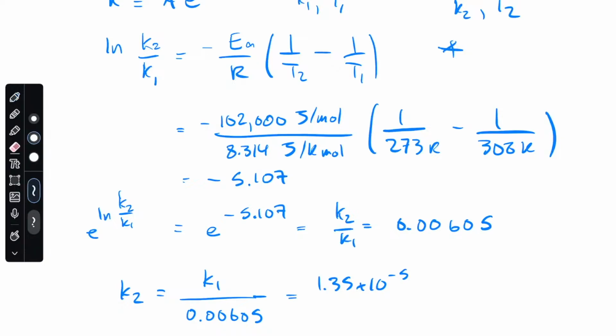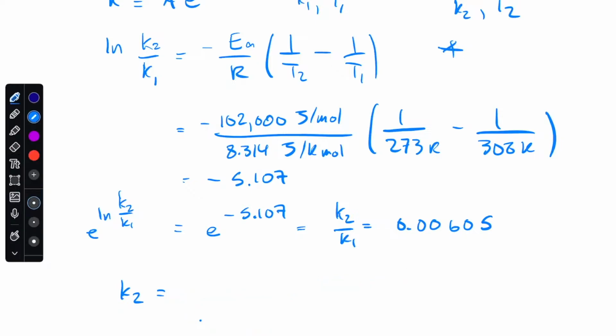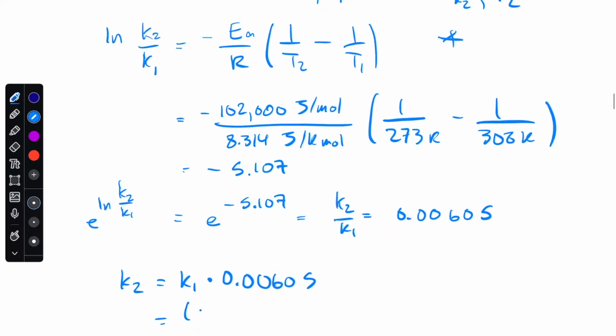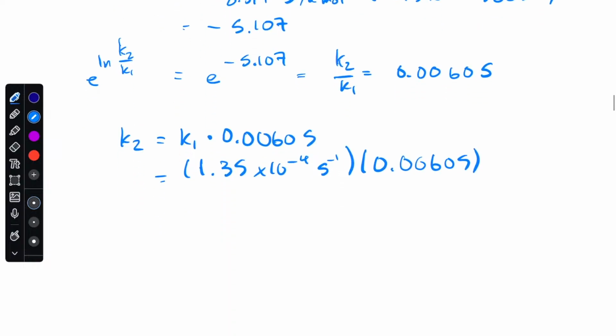And then what we have over here is K1 times 0.00605, with K1 equal to 1.35 times 10 to the minus 4 seconds to the minus 1, and 0.00605 being unitless.